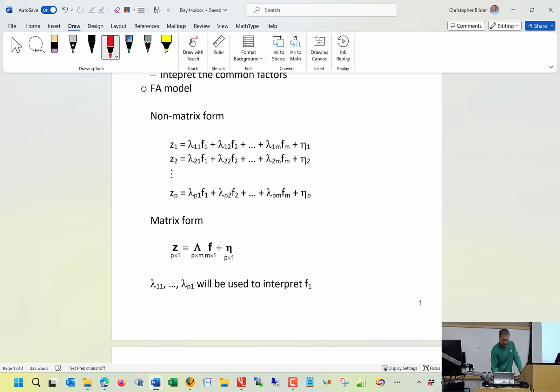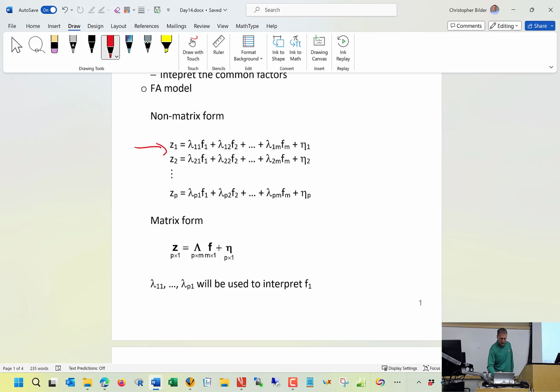So if we take a look at our first original standardized variable, Z1, we're saying that's equal to lambda 11, which is a constant. It's a parameter that we want to estimate, times F1, which is our first common factor, then plus another constant, lambda 12, and these constants are called factor loadings, times our second common factor, F2.